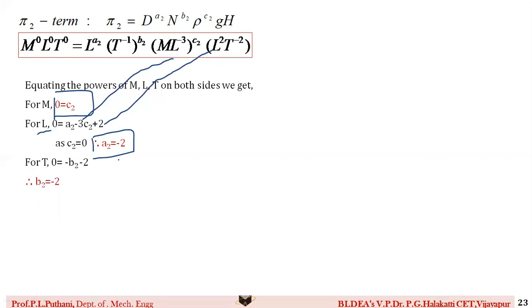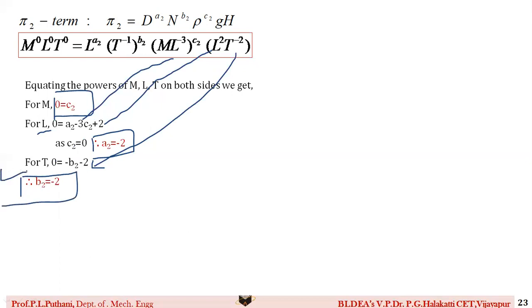After equating, a2 is equal to minus 2. Then for T, 0 is equal to minus b2, then we have the last term, which is written as minus 2, or b2 is equal to minus 2. In other words, the value of b2 is minus 2.